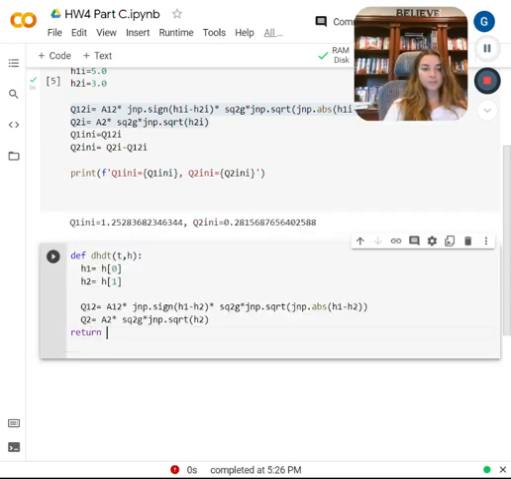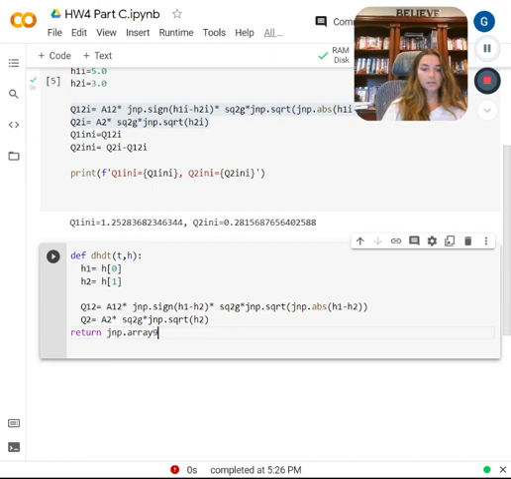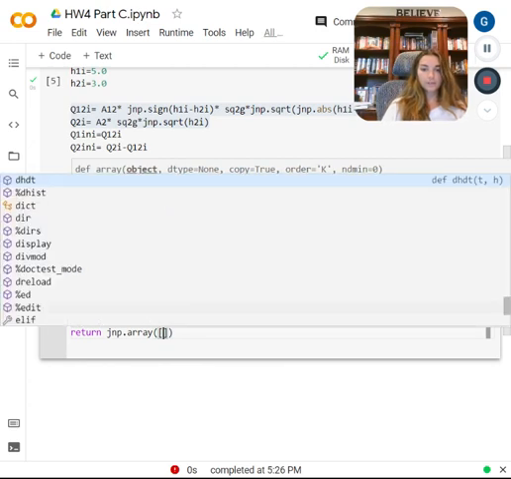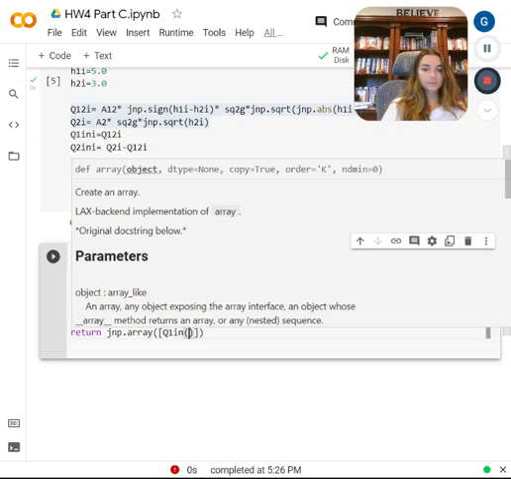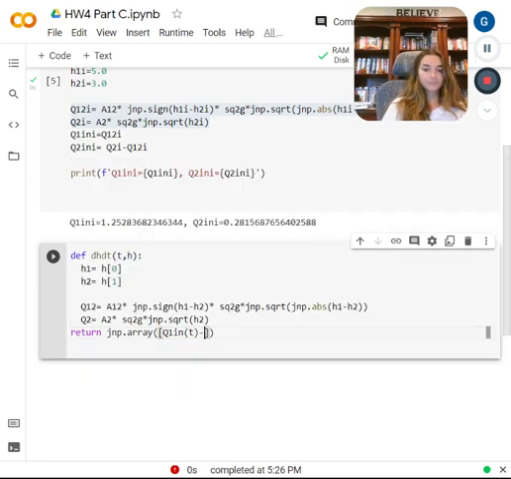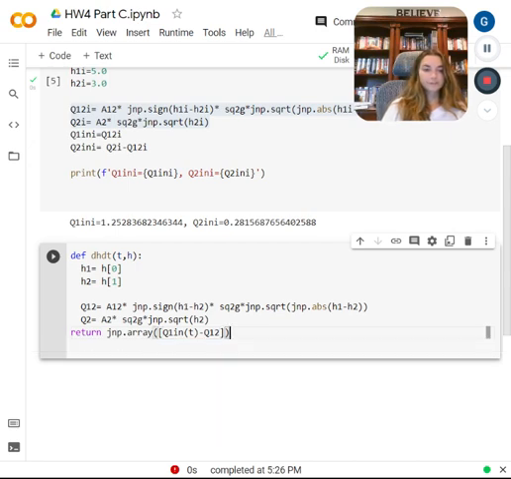And then we will return an array of our flow rate in tank 1 minus our flow rate at tank 2 divided by the cross-sectional area of tank 1.